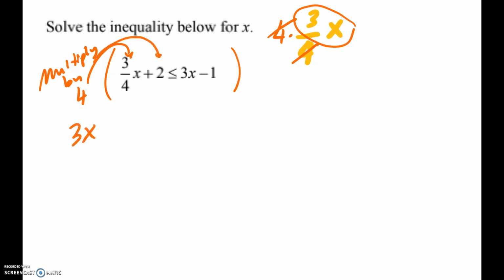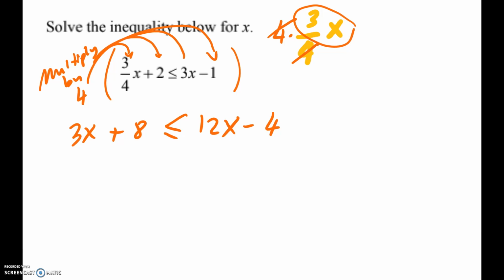4 times 2 is 8, less than or equal to 4 times 3 is 12x. 4 times negative 1 is negative 4. All right, so this is my beautiful first step. In that way you can get rid of this denominator. Let's put all the unknowns together.